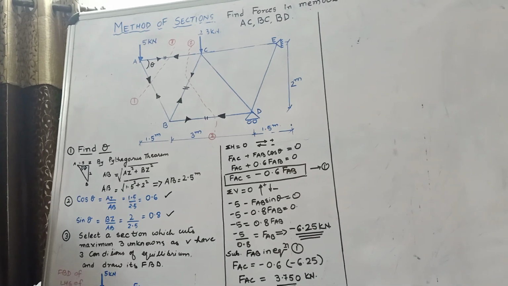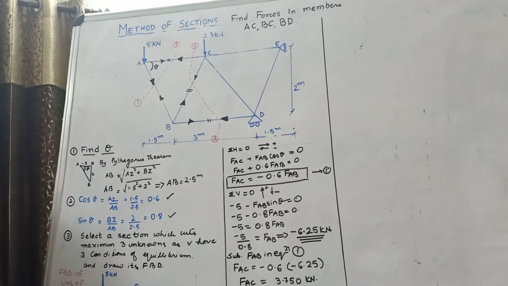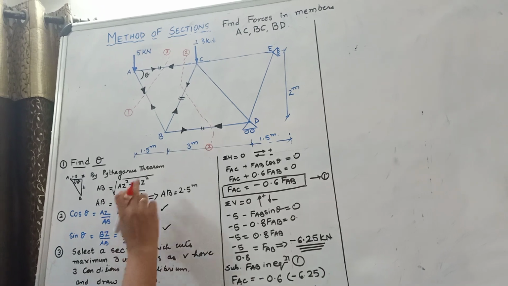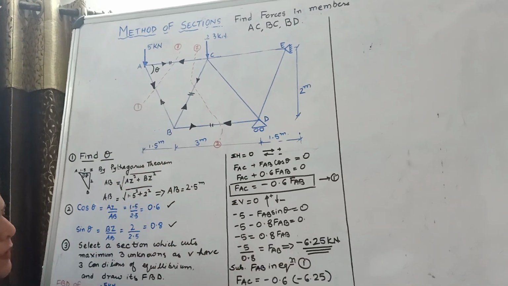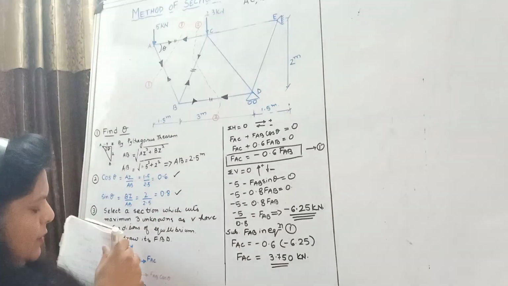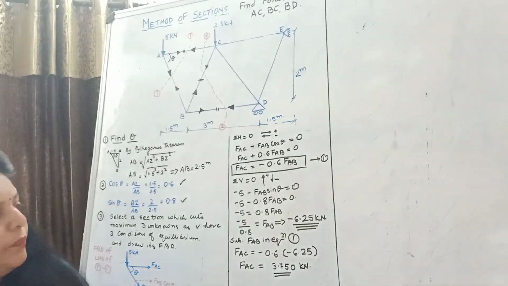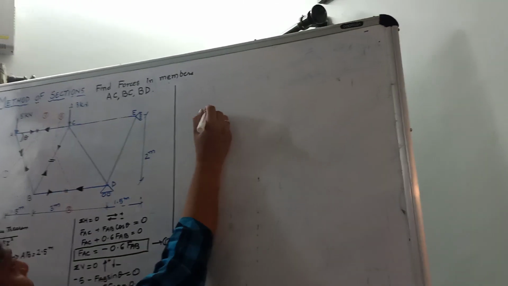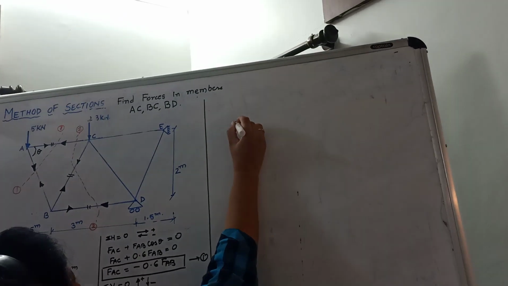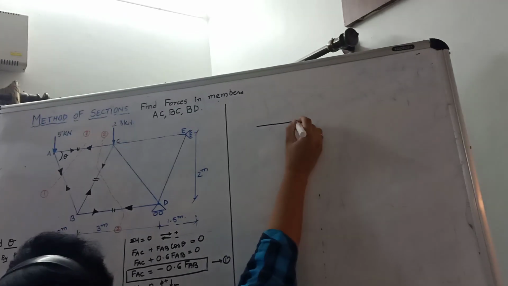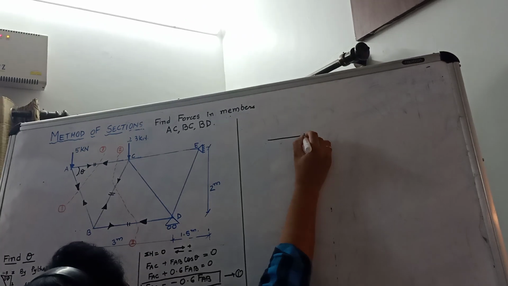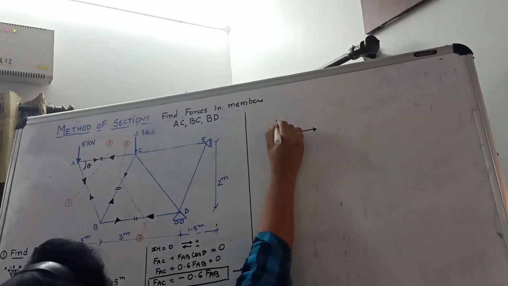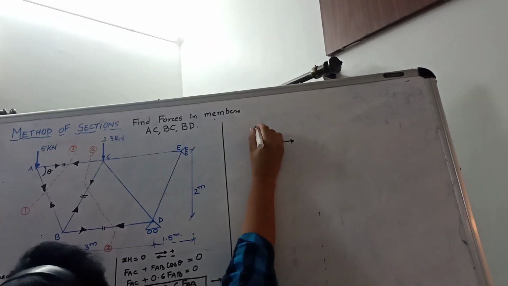To draw it, we will draw on this particular side first this member, that is 5 kilonewton.